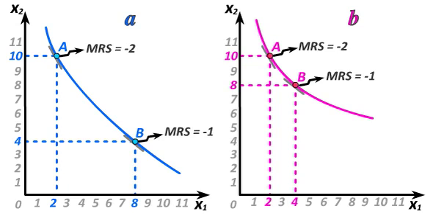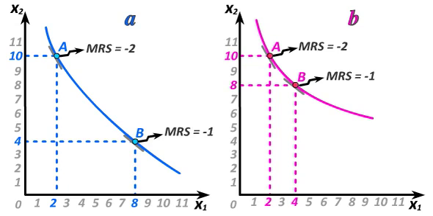In panel A, the change in the ratio of x2 over x1 is large because there's a great distance between A and B, precisely because of the high degree of substitutability in the indifference curve. In panel B, that distance is smaller, implying that the change in x2 over x1 is smaller for the same change in the marginal rate of substitution.